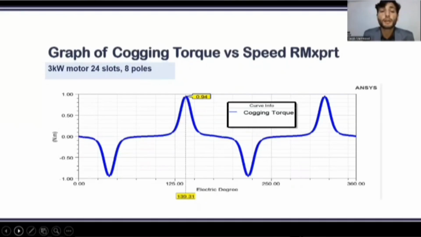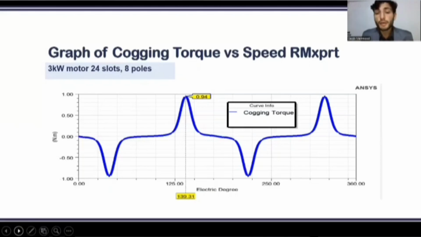The cogging torque of the motor was high. So what is the cogging torque? Cogging torque is the interaction between the stator teeth and the permanent magnet. As the rotor is made of permanent magnet and the stator teeth are made of steel, which was M15 29G type steel, there is interaction between the permanent magnet of the rotor and the teeth of the stator.